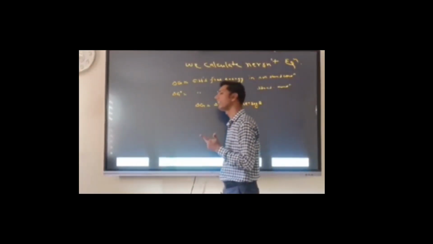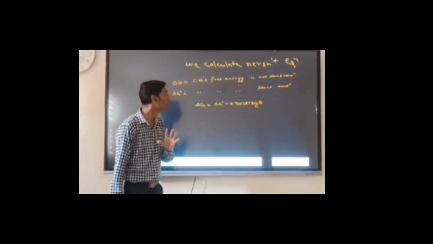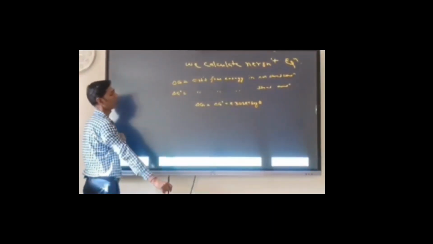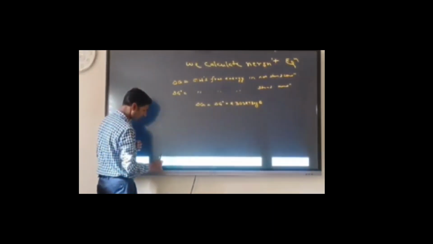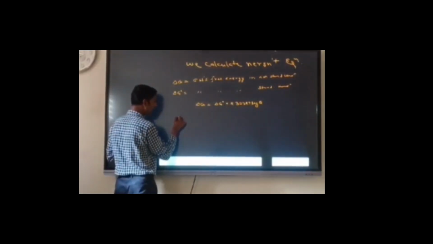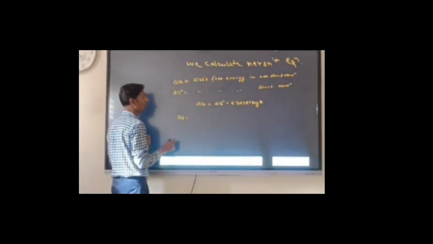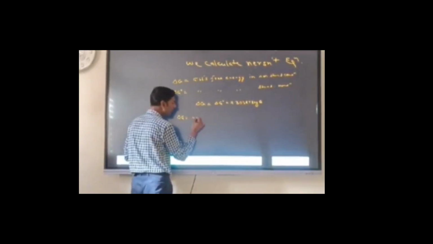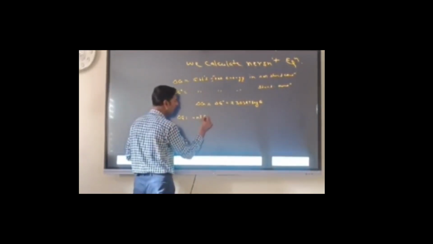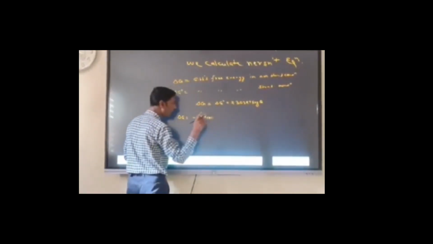For the cell, we know the reactions are reversible, so Q is a reaction quotient. Now, del G is the useful work in non-standard conditions, so it is minus nFE cell.